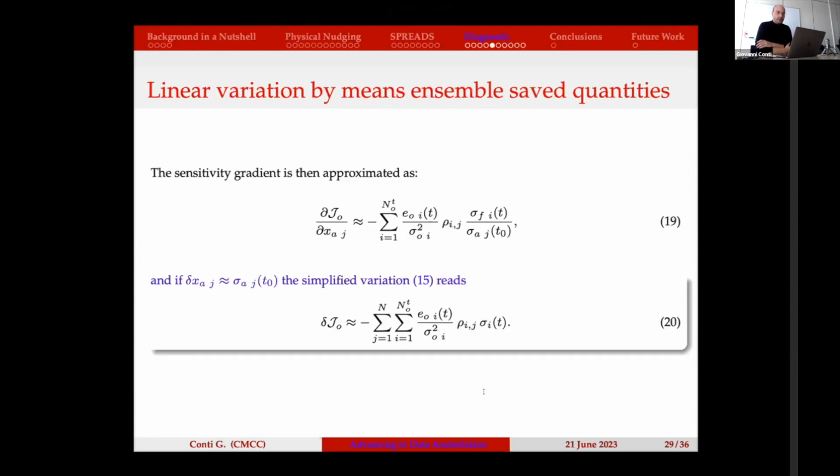If you plug this relation inside the sensitivity gradients, you can find an easy and clear solution of our problem, because the variation is now given in terms of this correlation, the spreads of our ensemble, and these innovation vectors.